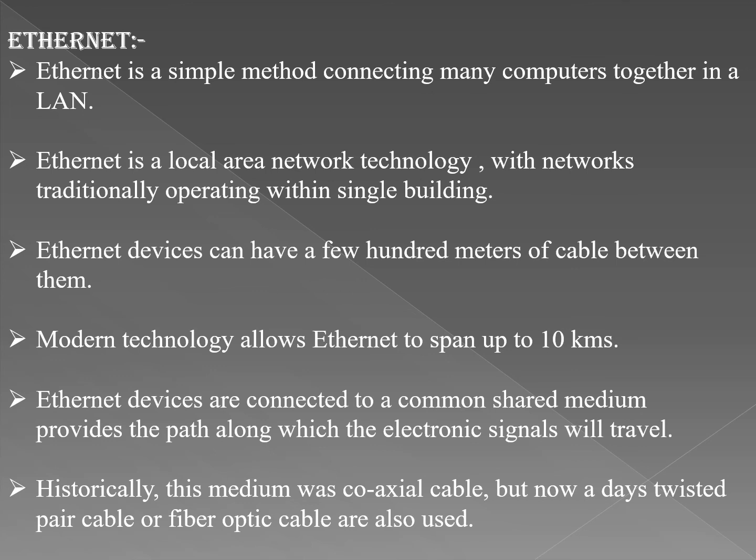So in Ethernet, as I said, we can span only up to a few hundred meters, but modern Ethernet can span up to 10 kilometers. We are using a common shared medium. Initially, it was only coaxial cable, but nowadays we are also using twisted pair cable and fiber optic cable. Now, how is an Ethernet connection achieved?